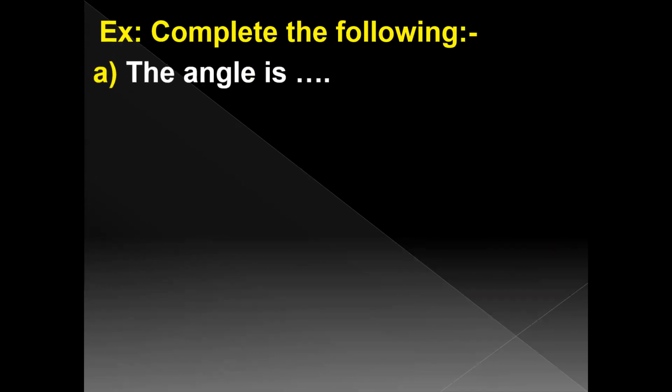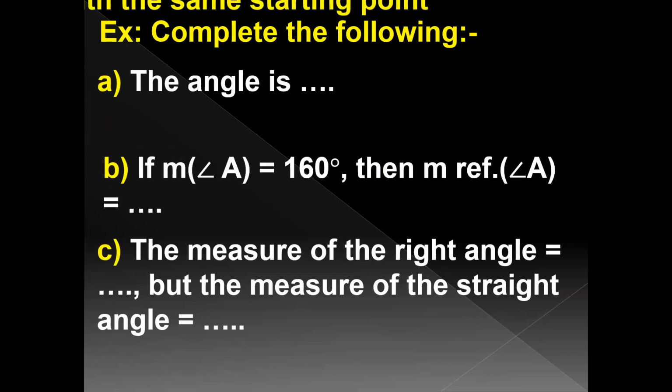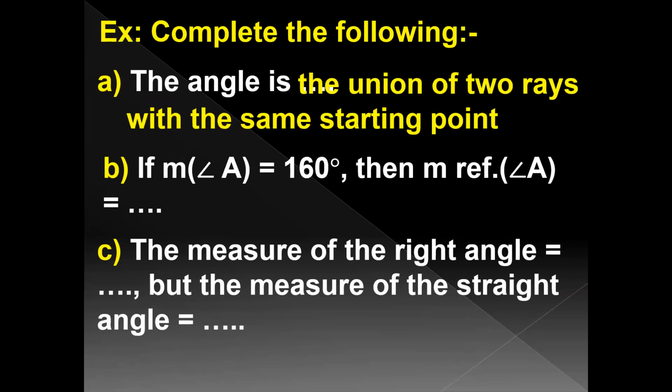Complete the following. The angle is a union between two rays with the same starting point. If we have the measure of angle A as 160, then what will be the measure of its reflex?